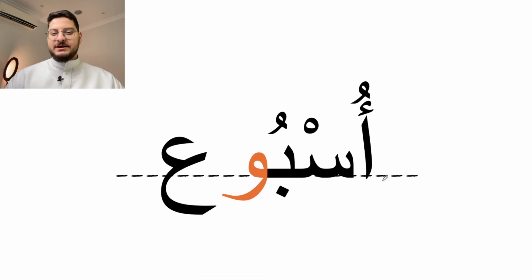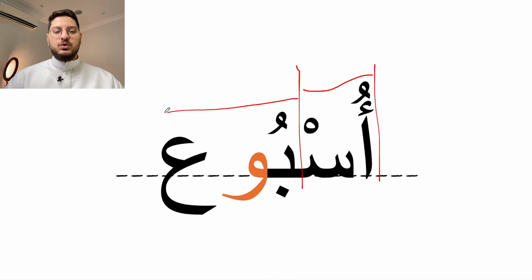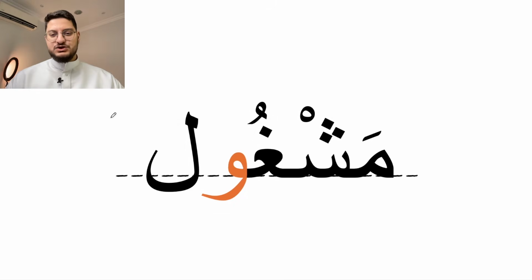Next one, let's split this into syllables. The first syllable we have us with a dhamma here, and then bu', usbu', which is a week. Next one, let's split that into syllables.